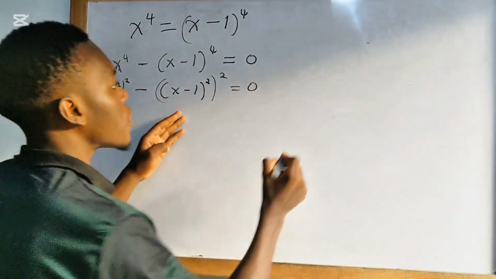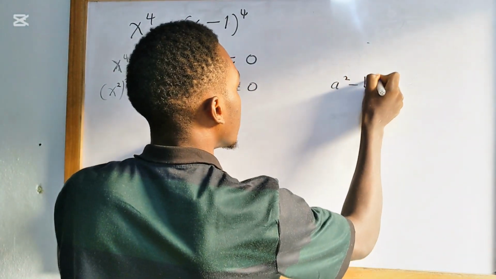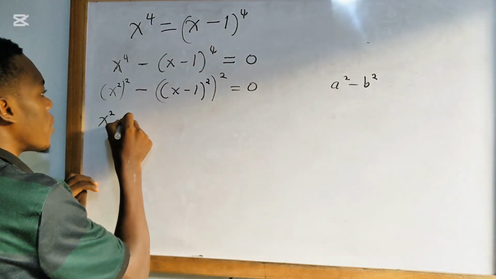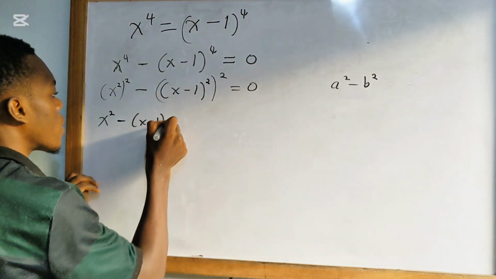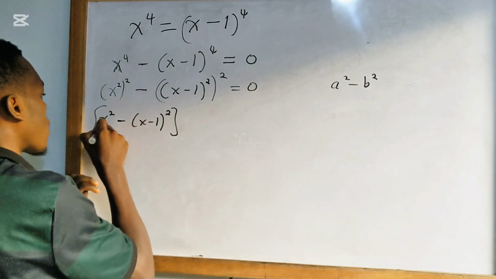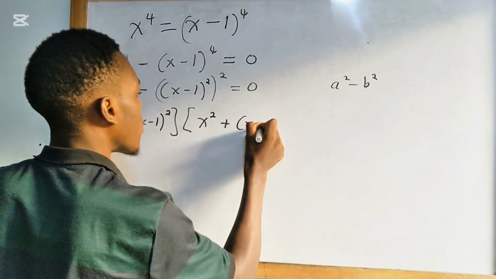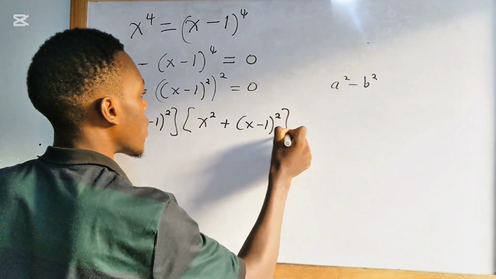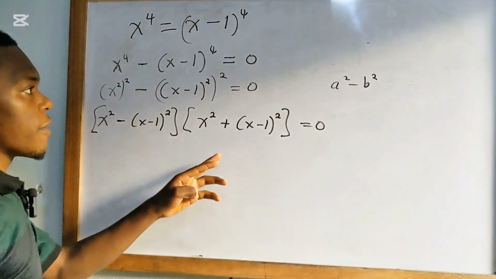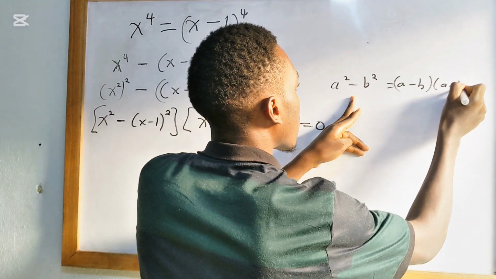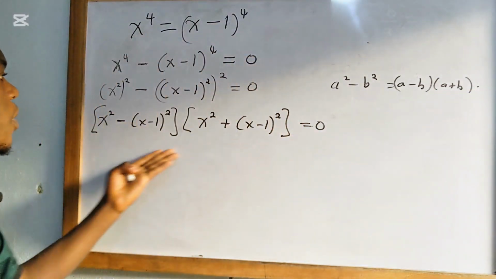You know that a square minus b square is equal to a minus b times a plus b, that is x square minus x minus 1 squared times x square plus x minus 1 squared equals 0.